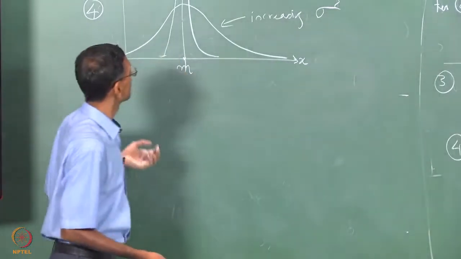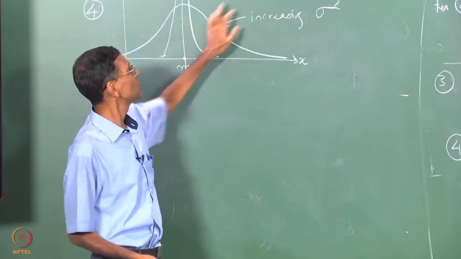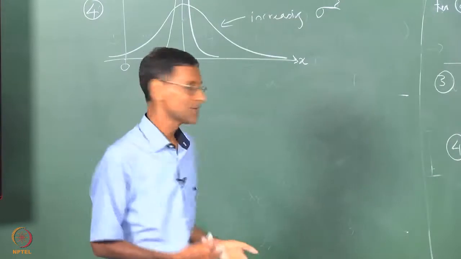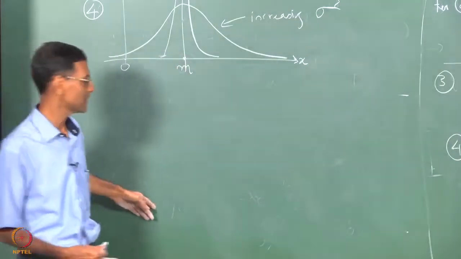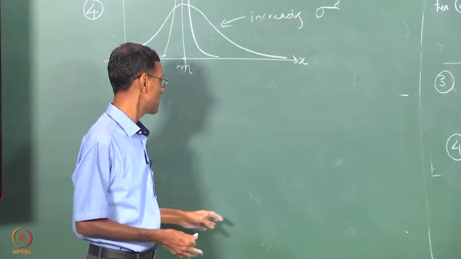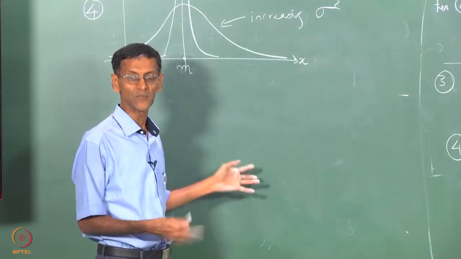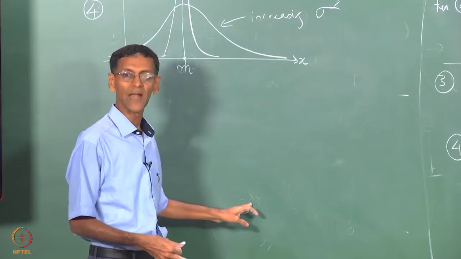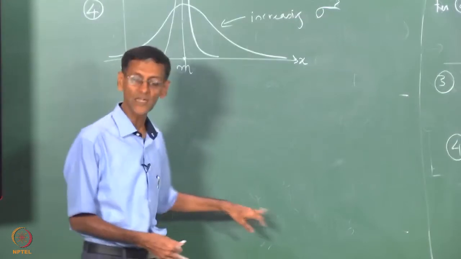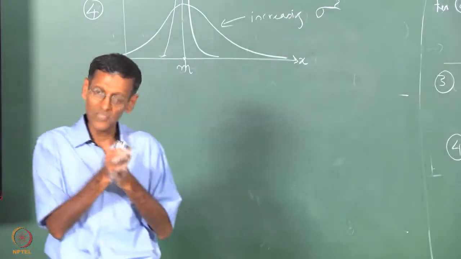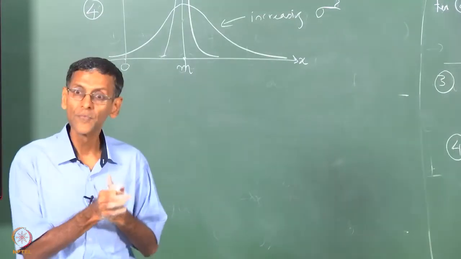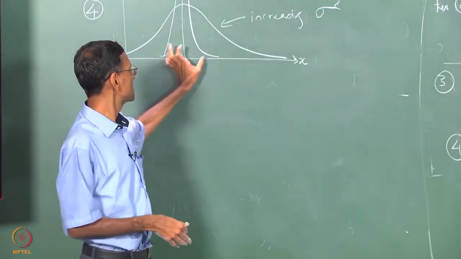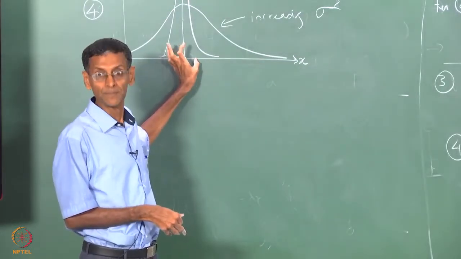So in the limit you get a degenerate situation as sigma goes to 0. Similarly, in the exponential case, you get a degenerate situation as lambda goes to infinity. In other words, the e power minus lambda x collapses almost to the single point x equal to 0. Similarly, as sigma goes to 0 here, this distribution collapses to the point m.